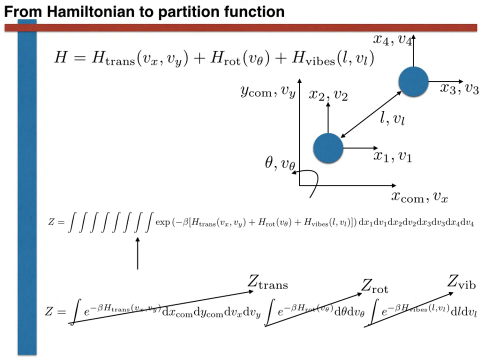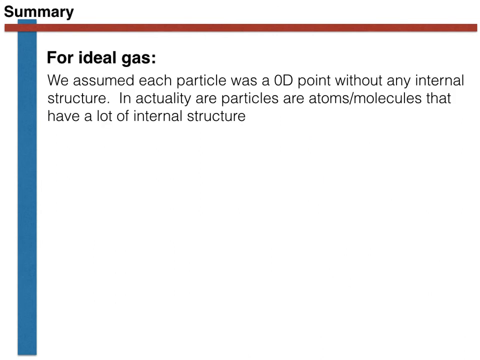To summarize then, we have in a previous video introduced the ideal gas model, which makes various assumptions about the particles that make up the gas. Namely, that they don't interact, they behave classically, and that they have no internal structure. In this video, we have looked at how we can incorporate the internal structure of the gas molecules in our model.